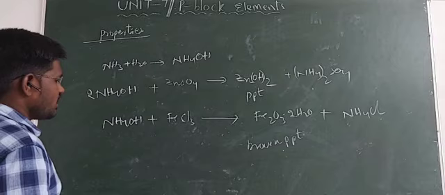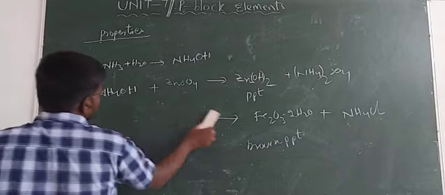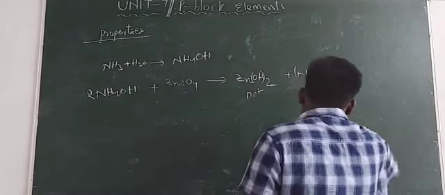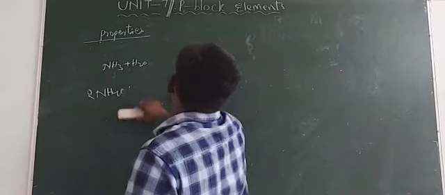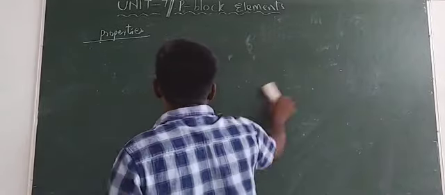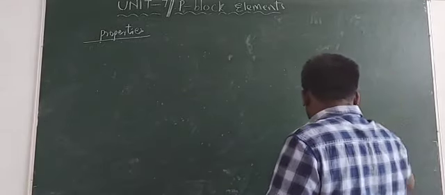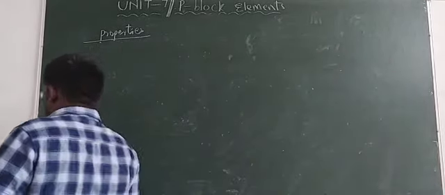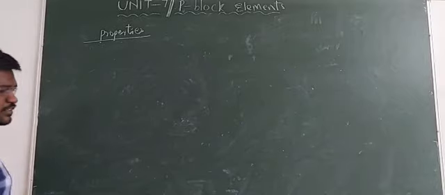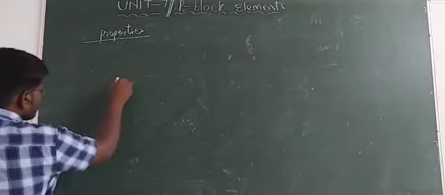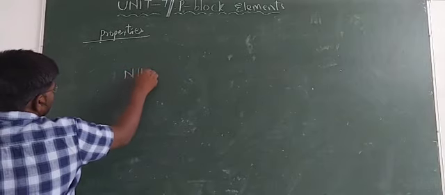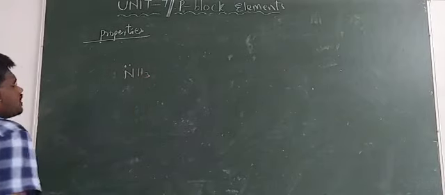And the last property is this: in the NH3 molecule, on the nitrogen there is a lone pair.